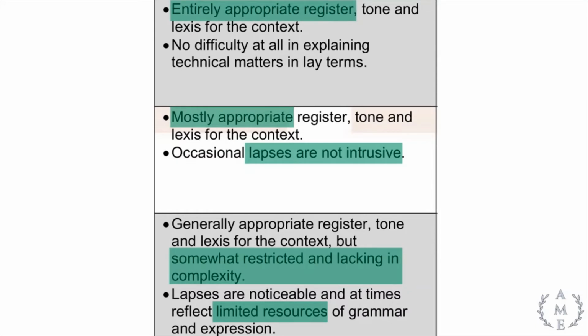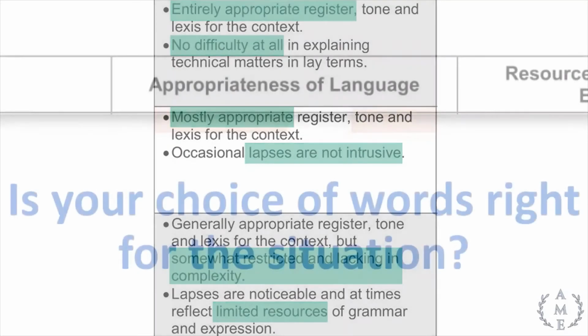Finally, to get the band 6, it needs to be entirely appropriate with no difficulty at all explaining technical matters in lay terms, in other words, in everyday language. So there's not much room for error, there's not much tolerance for mistakes to get that top band.